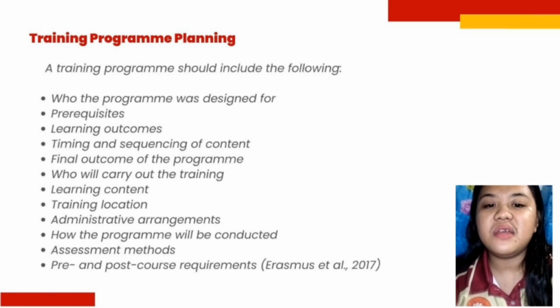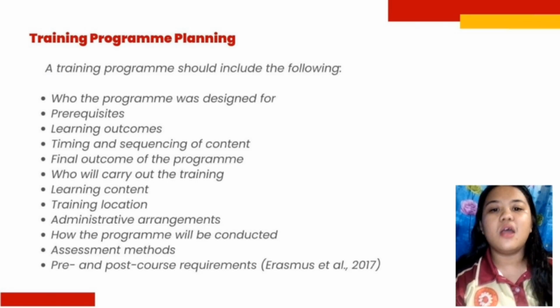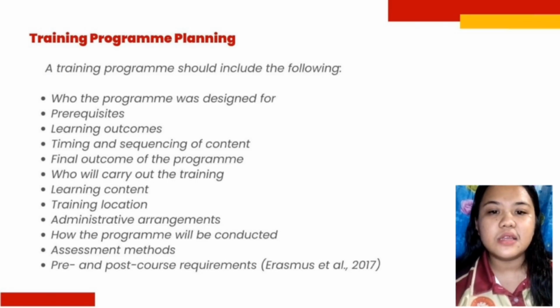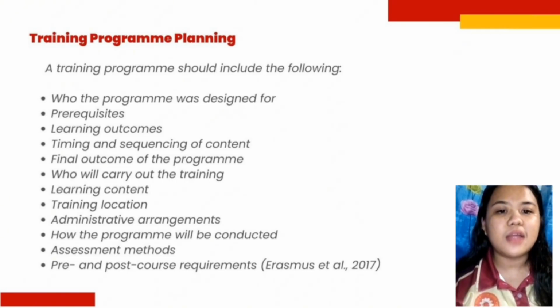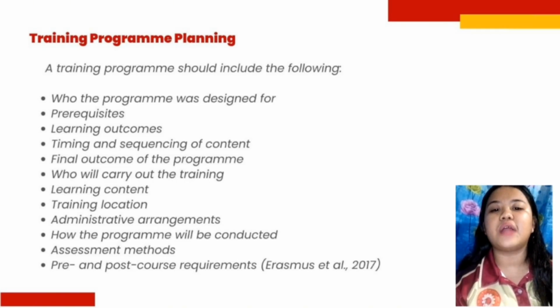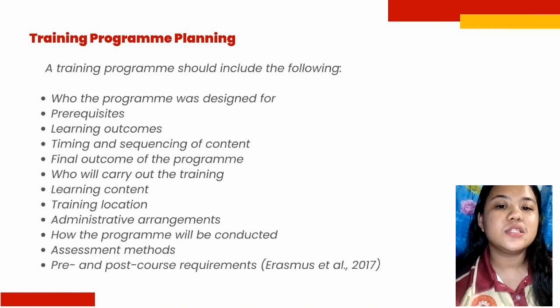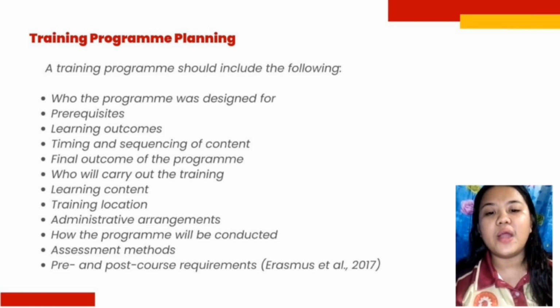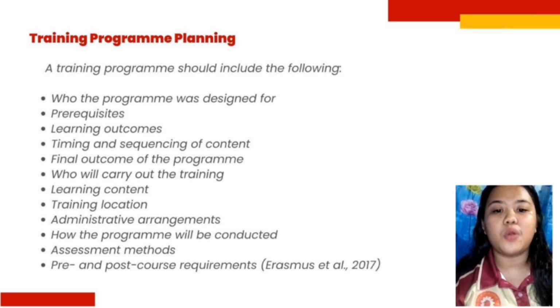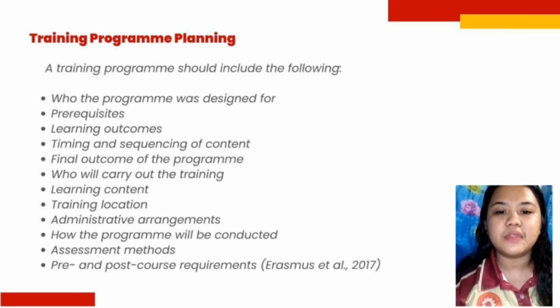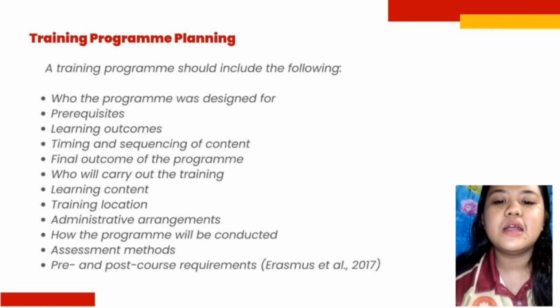Fourth, timing and sequencing of content. So, this part is we need to arrange topics in a logical order and set the schedule. The fifth one is the final outcome of the program, the overall goals or expected impact of the training.